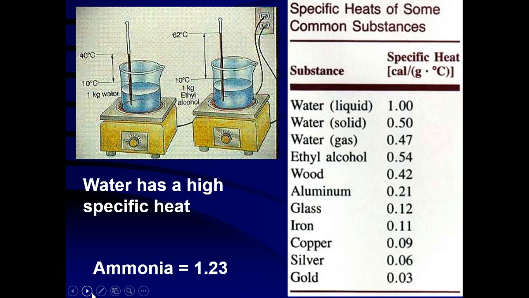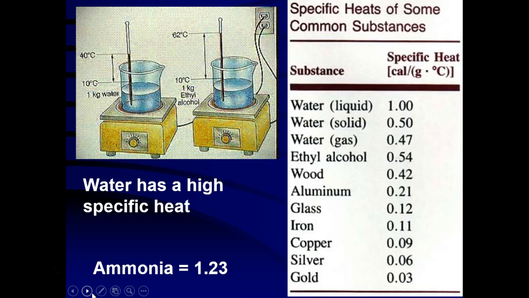The reason water has a high specific heat is, as we mentioned before, it takes a lot of energy for a single water molecule to break free from those other water molecules. They're so cohesive. Every water molecule is being held by 4 other water molecules.